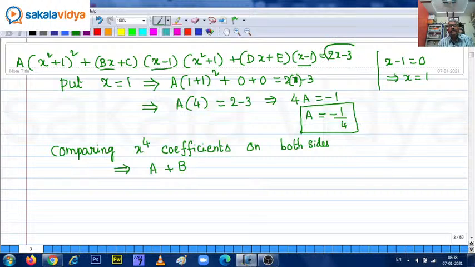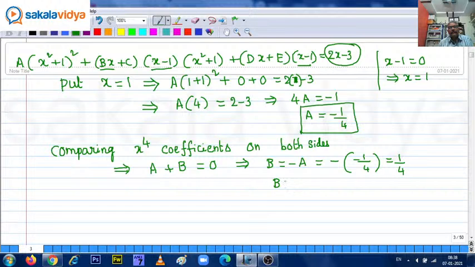So on the right hand side we don't have any x to the power of 4 coefficient, equated to 0. So that implies b equals negative a. So that means minus of minus 1 upon 4, 1 upon 4. B equals 1 upon 4.